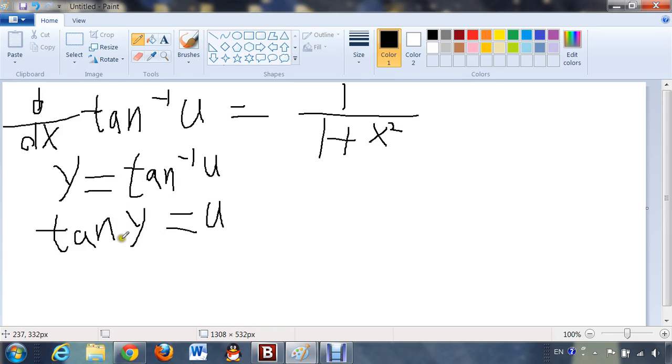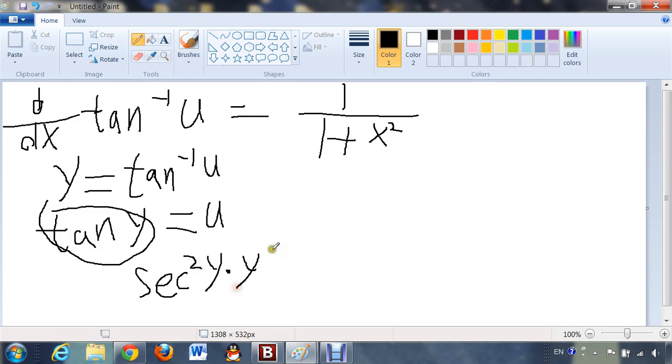And now we will take the derivative of both sides. The derivative of tangent y, using the chain rule, is secant square y times, remember, since we're looking for y prime, the derivative of y is not 1, it's y prime.